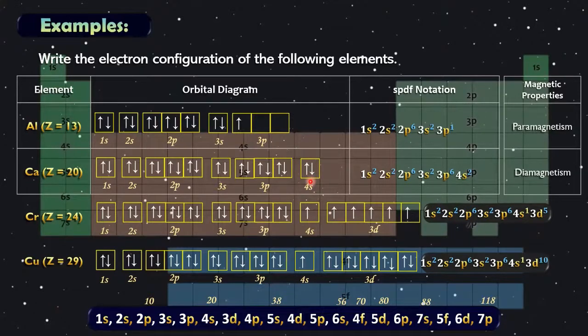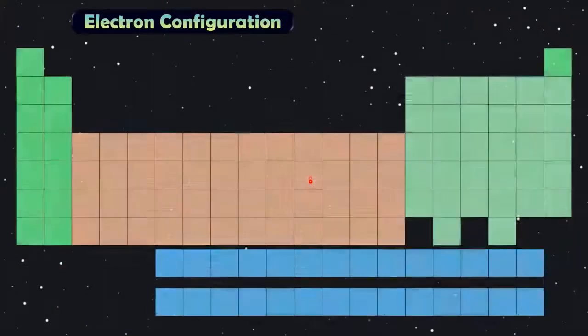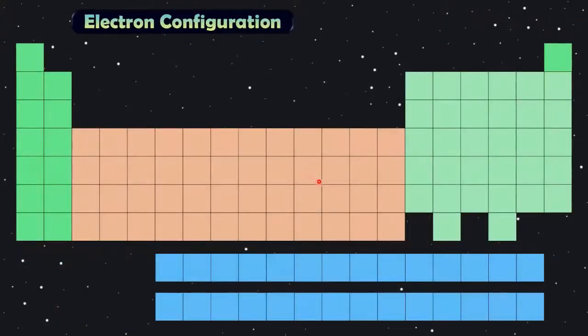Next is the SPDF blocks of the periodic table. This is the arrangement based on their electron configuration, wherein group 1 and group 2, the first and second columns, end their electron configuration with the S subshell.